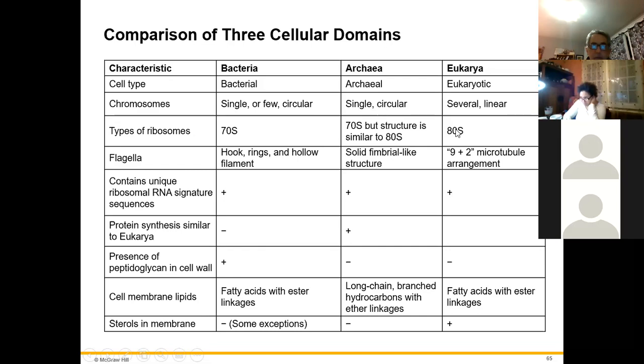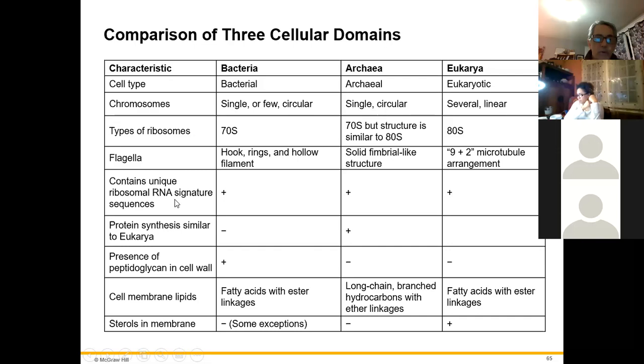The flagella in prokaryotes is hook, rings, and a hollow filament. The archaeal flagella is a solid, fimbrial-like structure. In single-cell eukaryotes, the flagella is a different protein and has what we call a 9+2 microtubular arrangement.